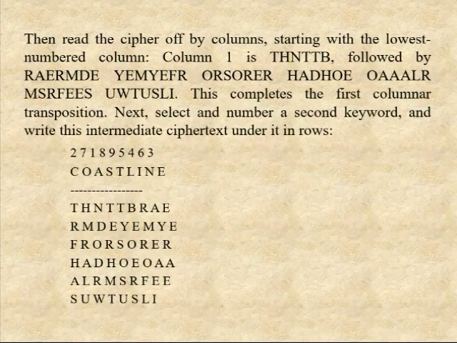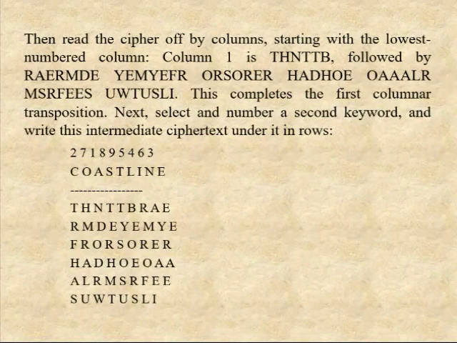Then read the cipher by columns, starting with the lowest numbered column. That is, column 1 is THNTTP, followed by RAERMDE and so on. This completes the first columnar transposition.